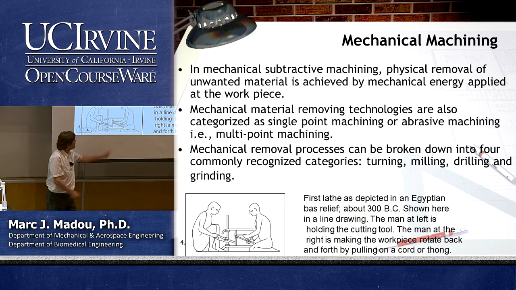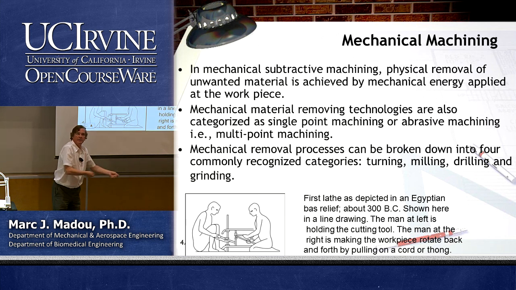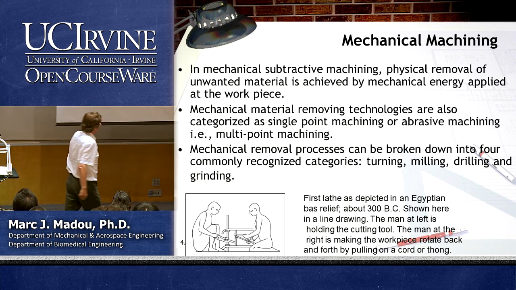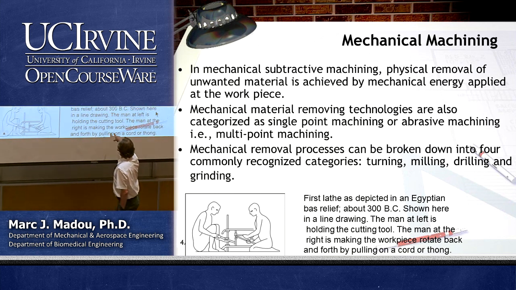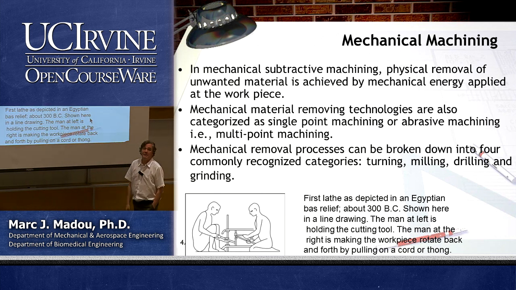And this man here with this rope is making the workpiece turn, right? In other words, they will make a cylindrical object here and machine it with this tool. So the man at the right is making the workpiece rotate back and forth by pulling on a cord. So nothing really new, right?